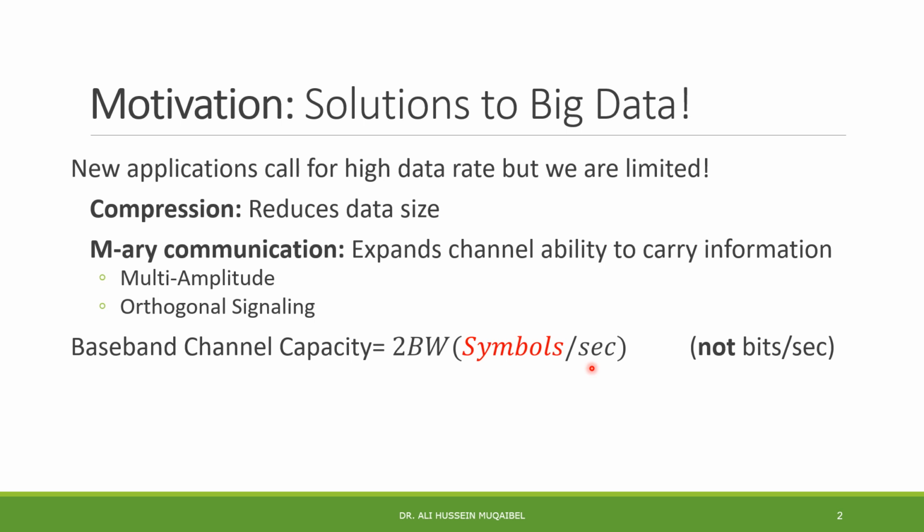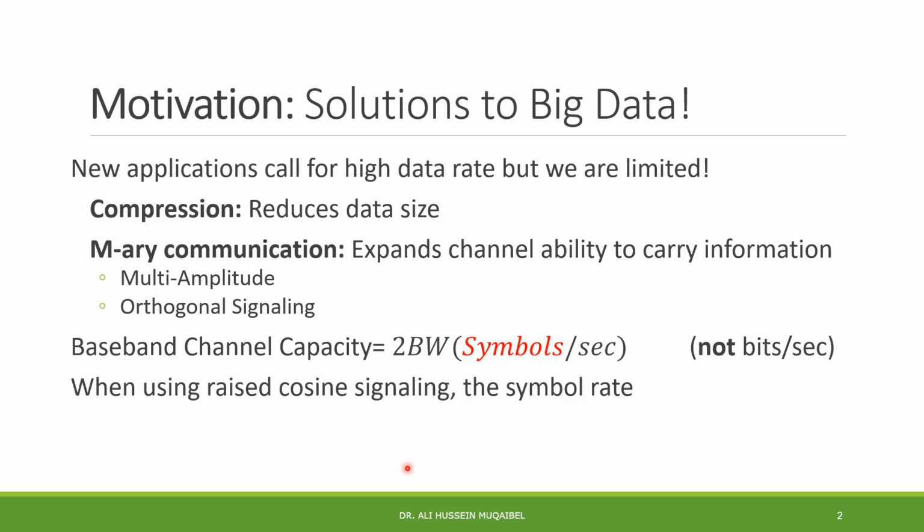But it doesn't say bits per second, it says symbols per second. What's the relation between symbols and bits? Because at the end of the day, usually we measure the data rate in bits per second. So the channel does not limit the transmission of bits per second, but rather limits the symbols per second. What's the relation between the symbols and the bits is what we are trying to do with M-ary communication.